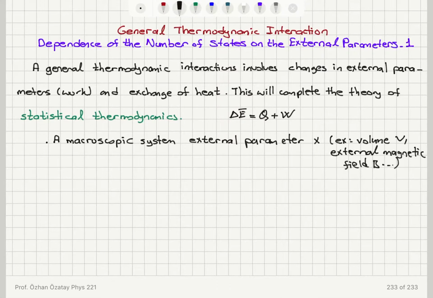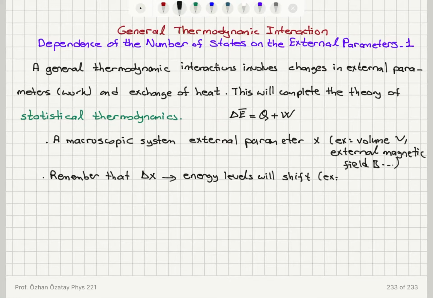Now, when you have a change in the external parameter of the system, remember that changing the external parameter of the system, delta X, leads to a change in energy levels. Energy levels will shift.